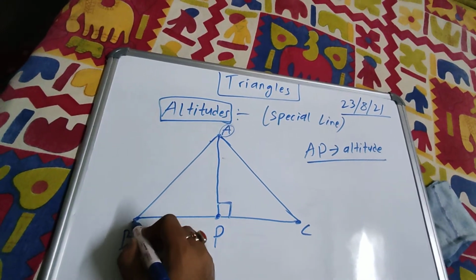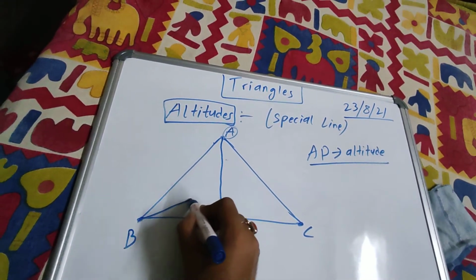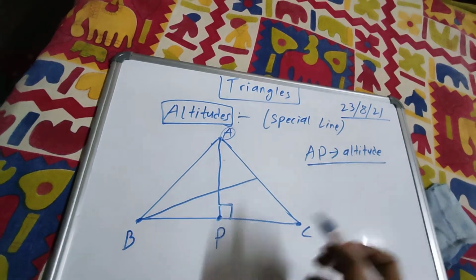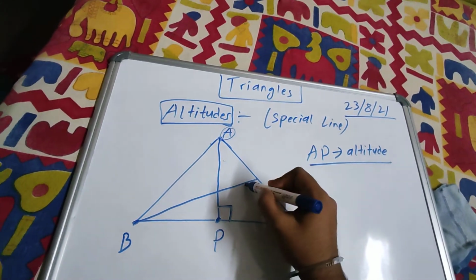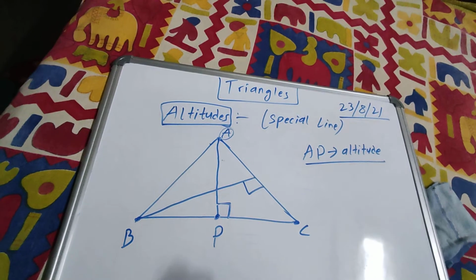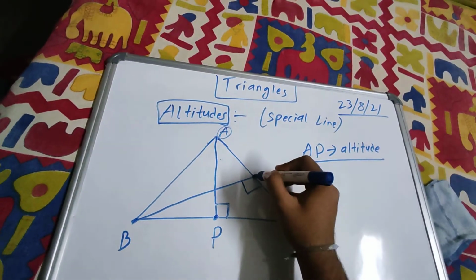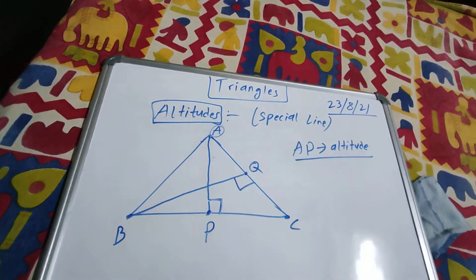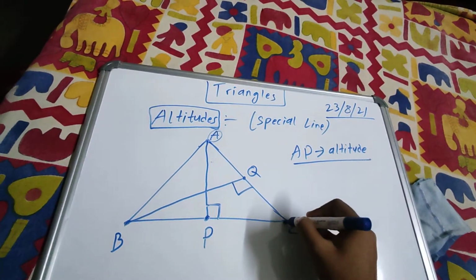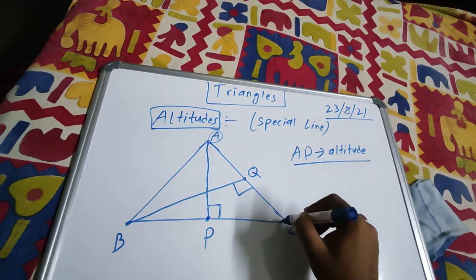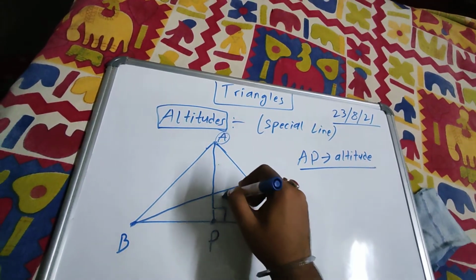Again, start from any vertex, draw a line on the opposite side, such that this line is perpendicular to the opposite side. Name this Q. Then again start from another vertex and draw a line.